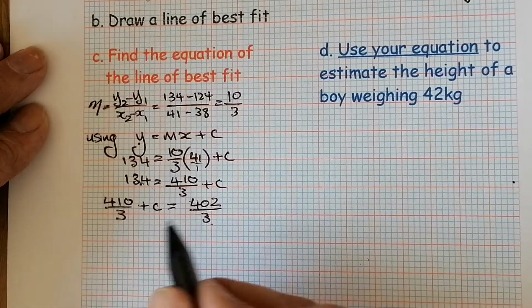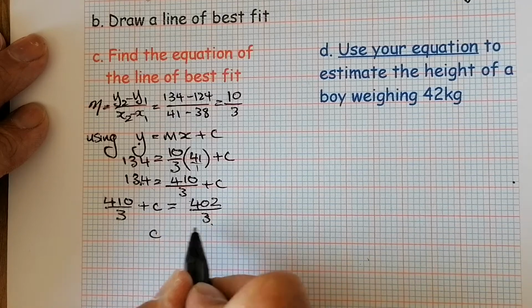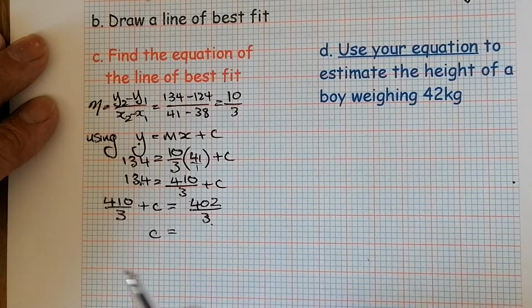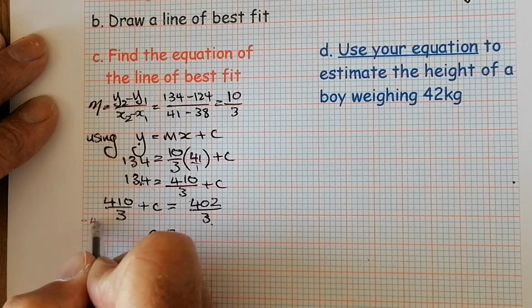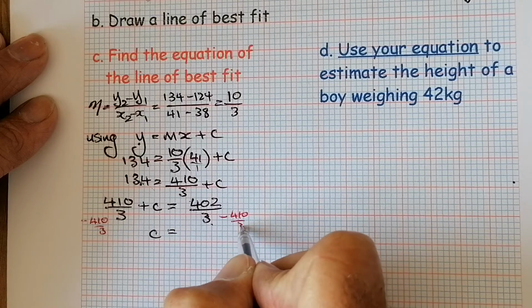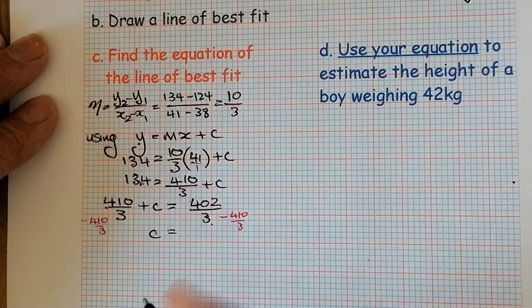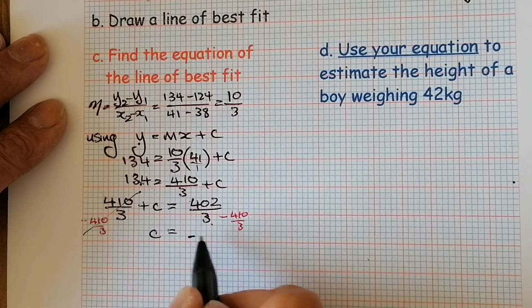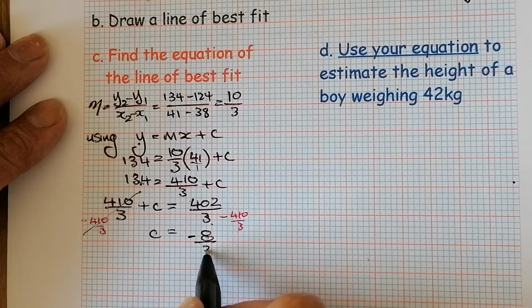Okay, so I'm working in thirds, so the c value is equal to, and I'm going to subtract 410 thirds from both sides, taking 410 thirds away from this side as well, just to balance it up. Remember what that does: it eliminates that part there and leaves me with c is equal to negative 8 over 3.